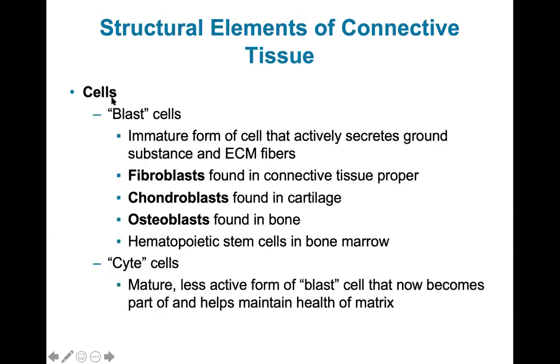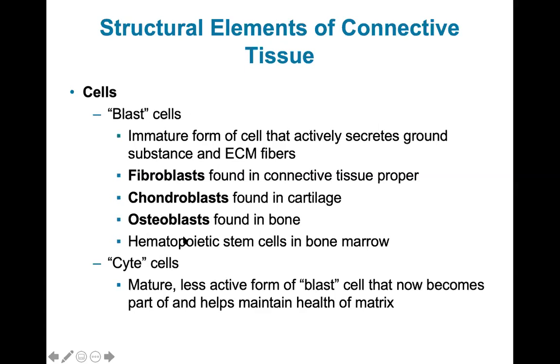The different types of cells, blast refers to cells. So we have fibroblasts. The fibroblasts are going to be found in connective tissue proper. Chondro means cartilage. Chondroblasts are found in cartilage. Osteo means bone. These will be found in the bone cells. As I mentioned, all of these types, and then you have various blood cells such as your erythrocytes, leukocytes, which will be found in blood, and platelets.